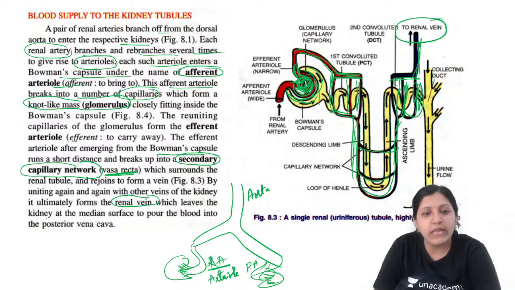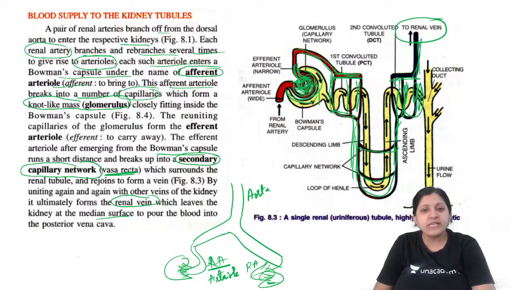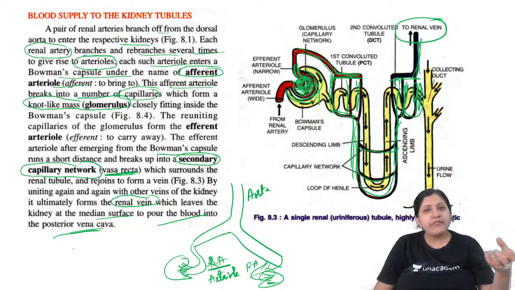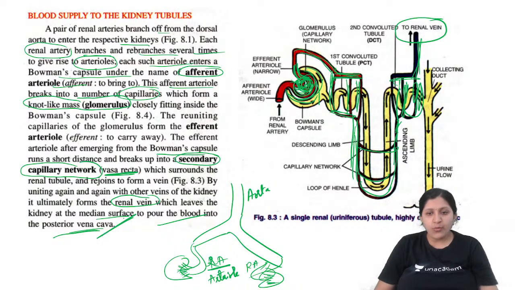This leaves the kidney at the median surface to pour the blood into the posterior, or inferior, vena cava.